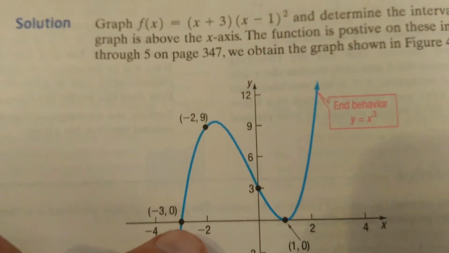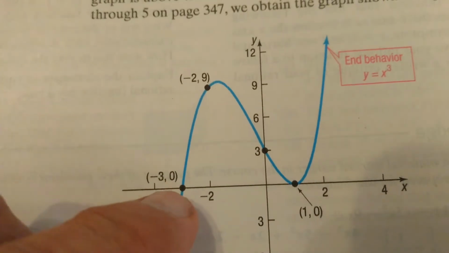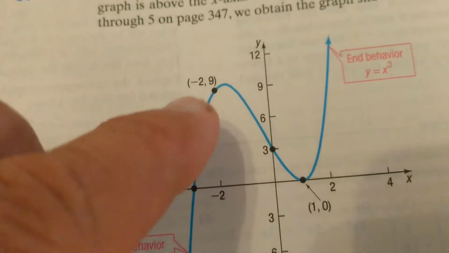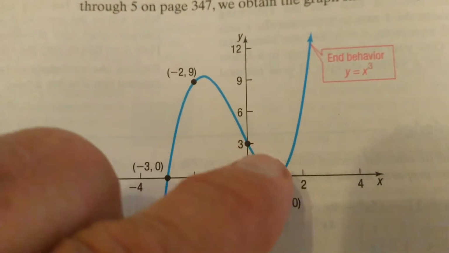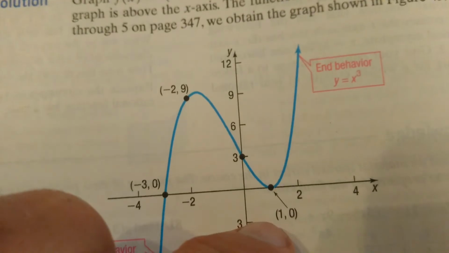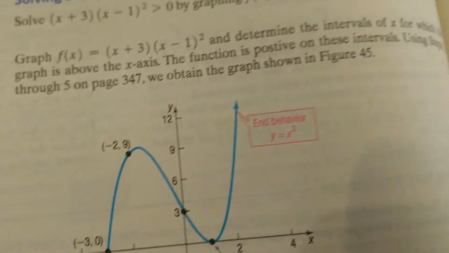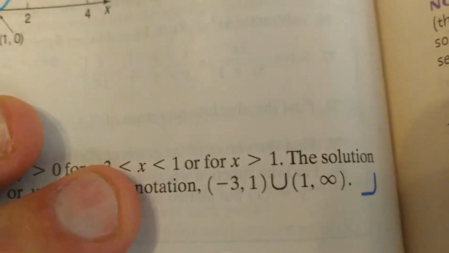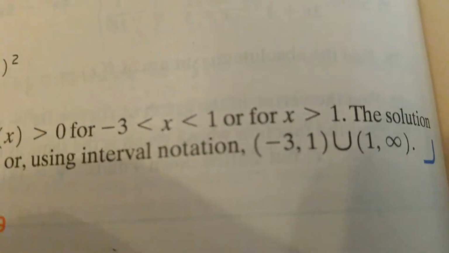We could also write it as negative 3 is less than x, which is less than infinity, excluding x cannot equal 1. That's another way you could write it. Preferably, I'd put it in interval notation, and there you got your answer.